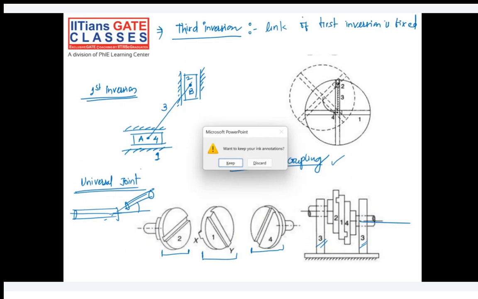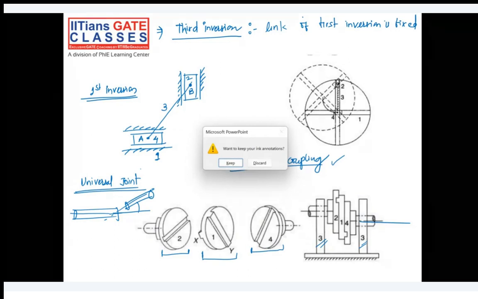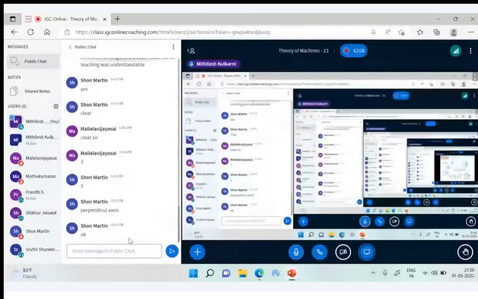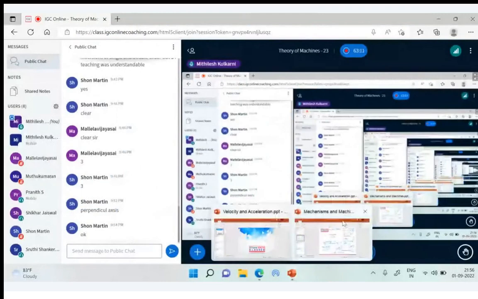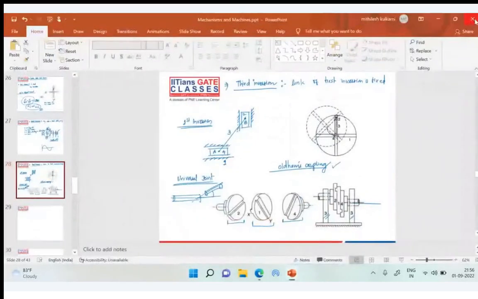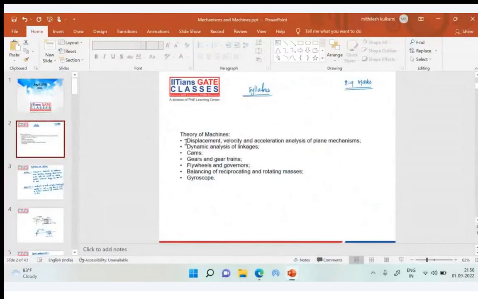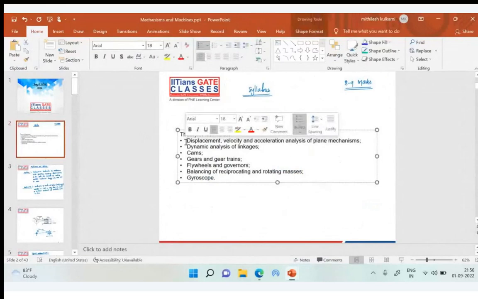We have understood the mechanisms. Now we'll try to analyze them, try to find how the velocity of different links will look, and ultimately how the velocity diagram and acceleration diagram will look.